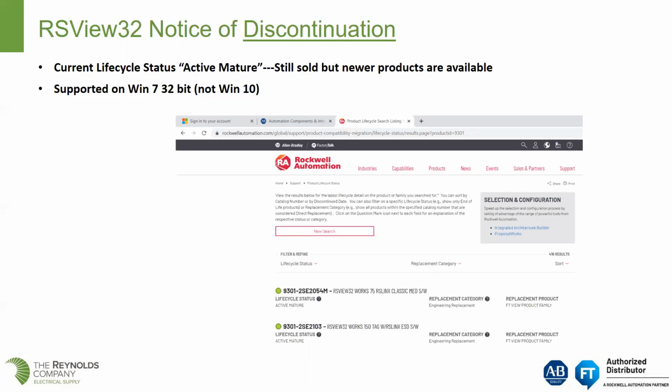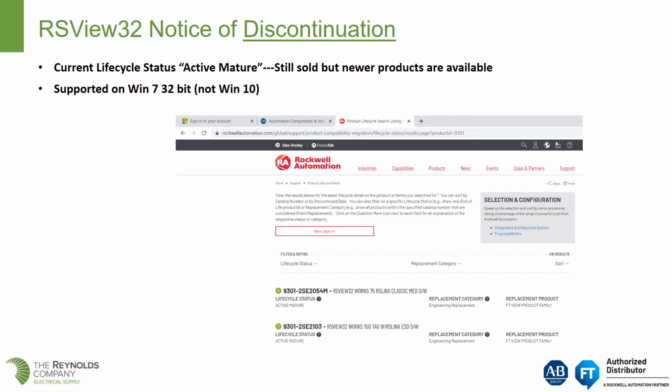So you can still purchase RSView32 products. You might take note of the operating system that is being used. It is supported on Win732. That is the latest operating system that will support RSView32.